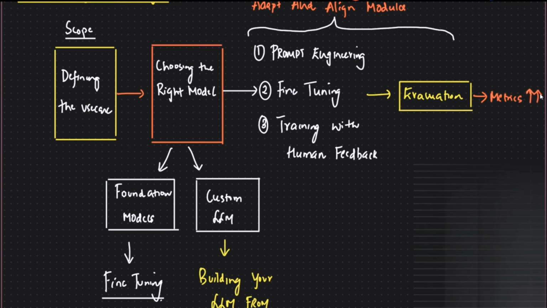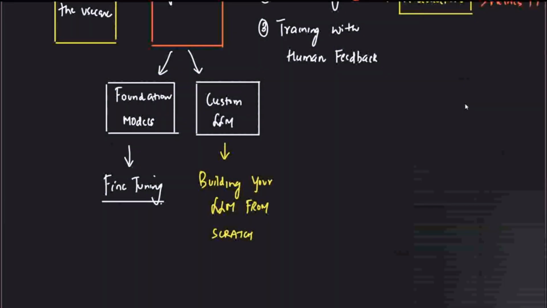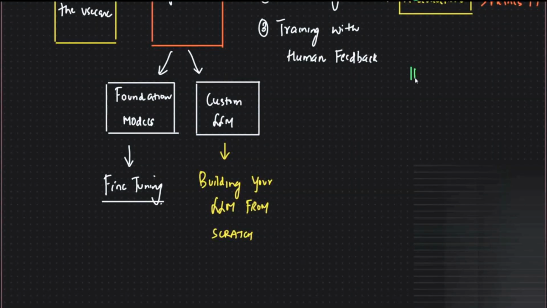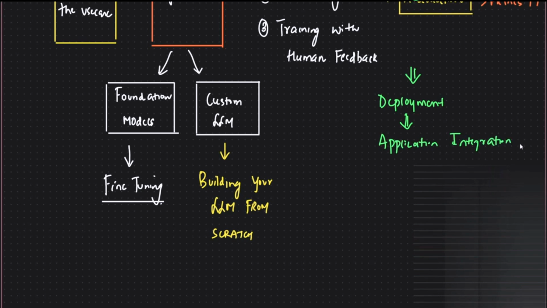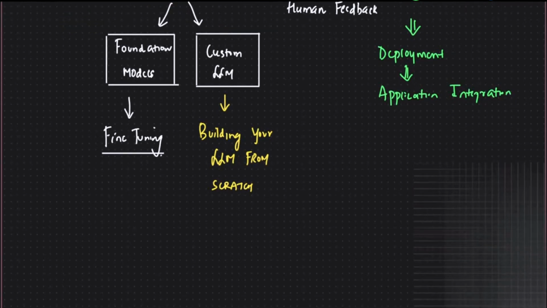Now it comes to the deployment part. With respect to deployment, you also need to do a lot of integration with different applications, so I will say application integration. Here we perform two major steps.